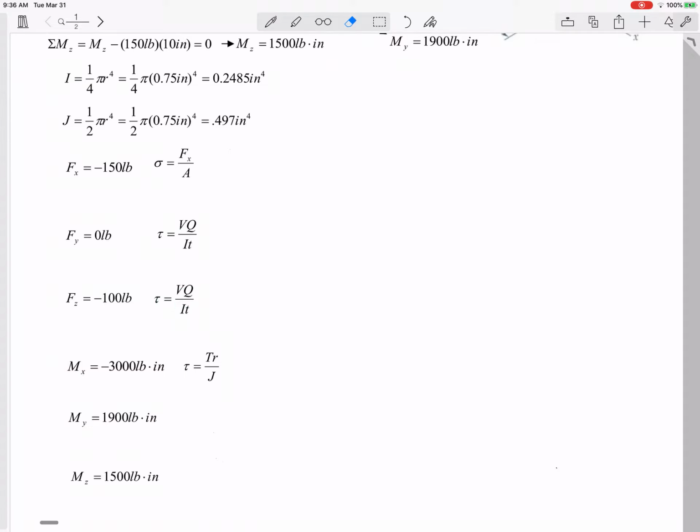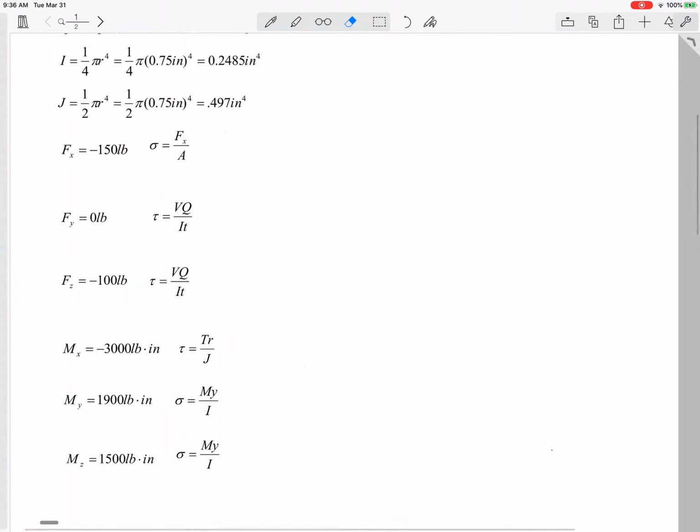These other moments are the bending moments, the MY over I. So, does that make sense? That's an important step here. The X force would cause the normal stress, F over A, but the Y and Z forces would cause the shear stresses, VQ over IT. The torsional twisting X moment would cause the shear stress, TR over J, but the MY and the MZ would cause bending stresses of MY over I.